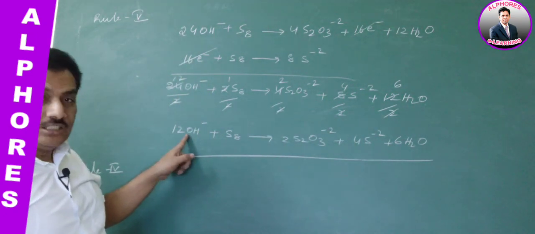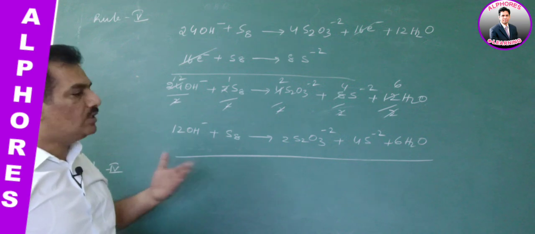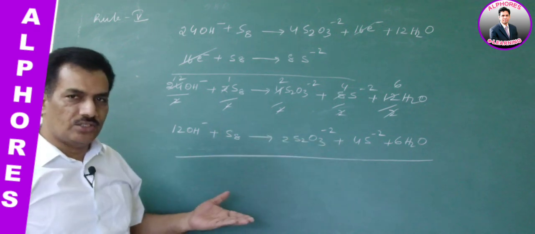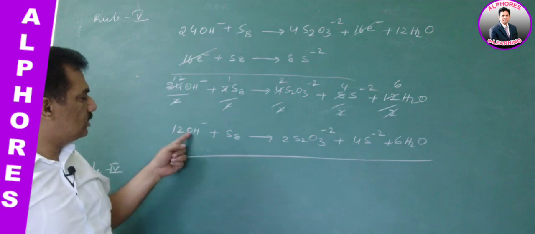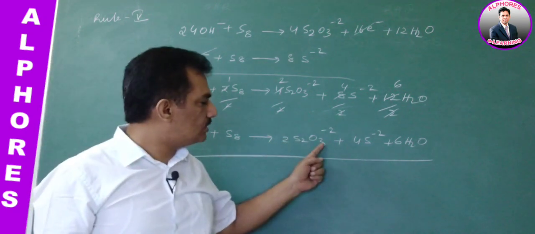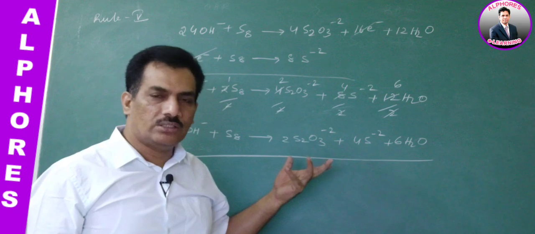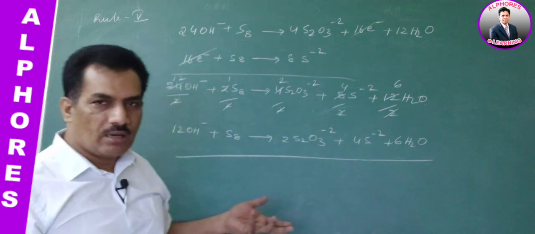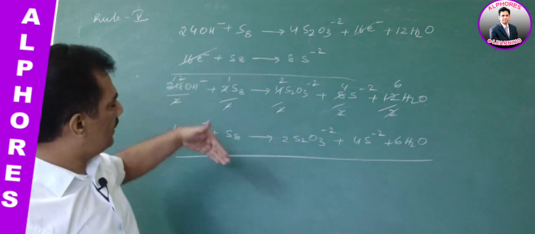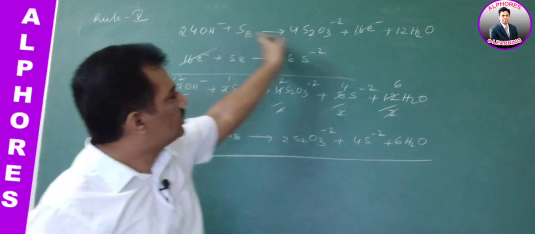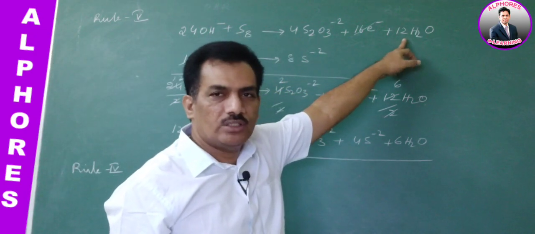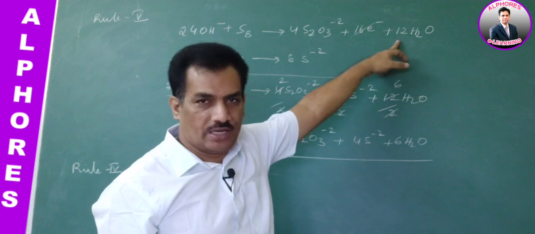12 oxygen. That's why, in this step, when I forgot to write that H2O, I identified it. How? It is nothing but 12 oxygens, but here there are only 6 oxygens. That means the remaining 6 oxygens should be in H2O. Where did I commit the mistake? When I go back, it is observed that I forgot to write this H2O in the oxidation half reaction.